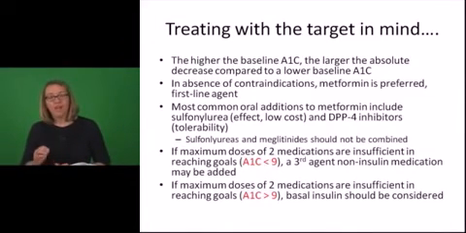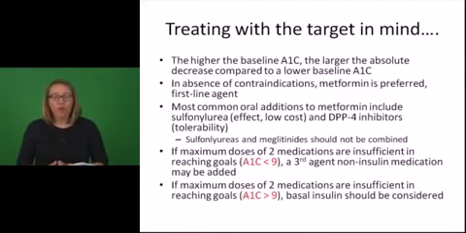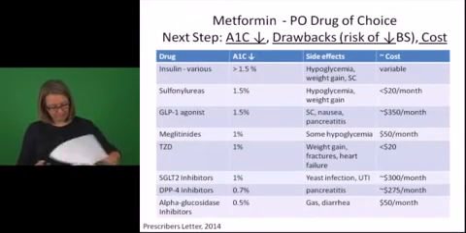But if you have a patient on 2 meds and their A1C is still significantly high, for instance, a goal of 7 and their A1C is still above 9, your third oral agent is unlikely to get you to goal, and then you need to consider particularly adding a basal insulin, for example.